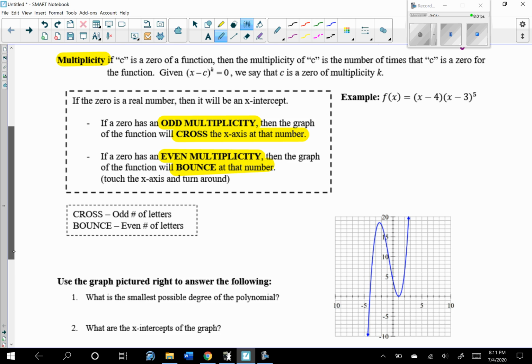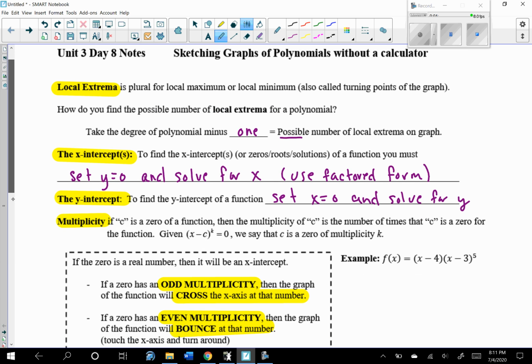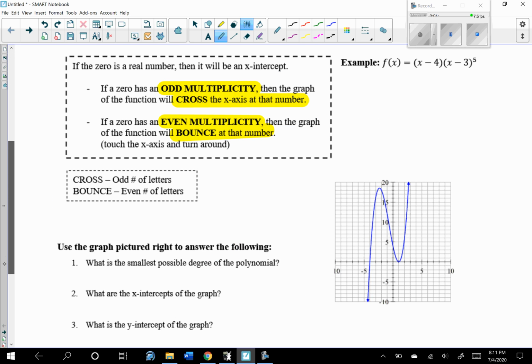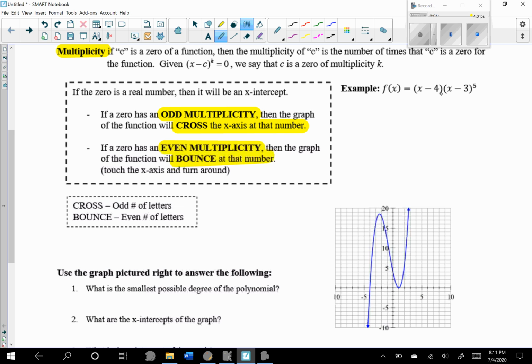Let's go ahead and plug some numbers in using this example that we have to the right. For this, we have x minus 4 and x minus 3. x minus 4, if the power is not written, remember it's to the first power, and x minus 3 is to the fifth power. So that means we have x minus 4, and then x minus 3 five times. 1, 2, 3, 4, 5.